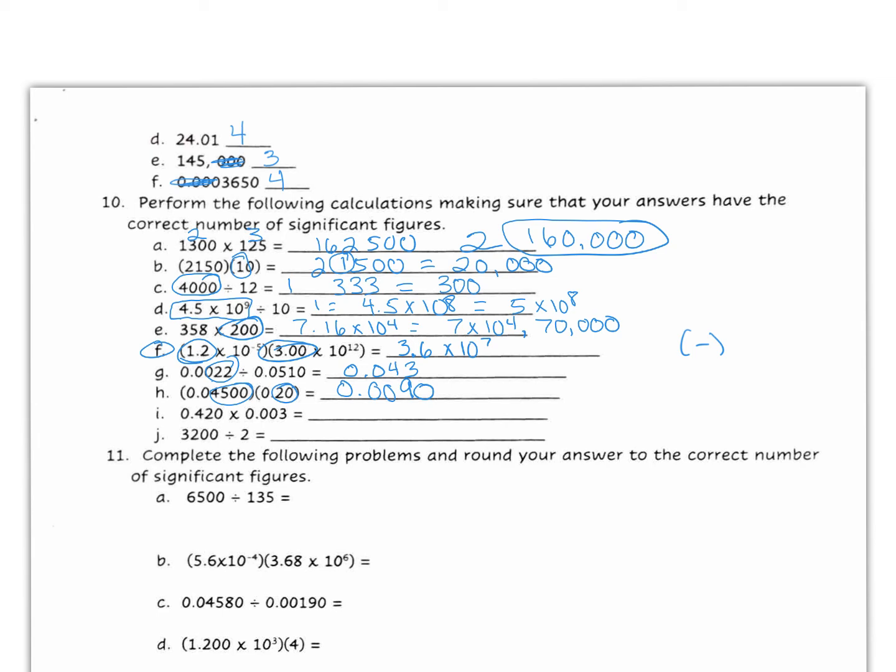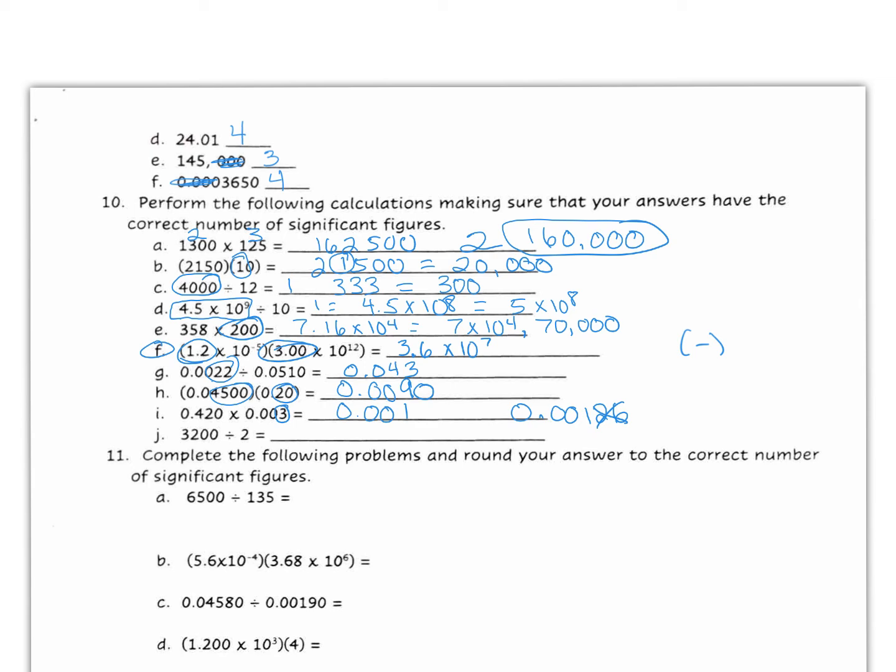And then I have 0.42 times 0.003. This one, I can only keep 1 significant figure. So I have 0.001. Now the number in the calculator was 0.00126, but I have to drop those 2.